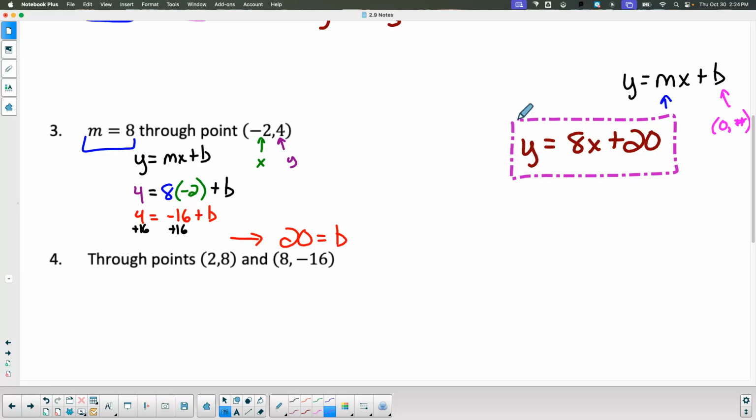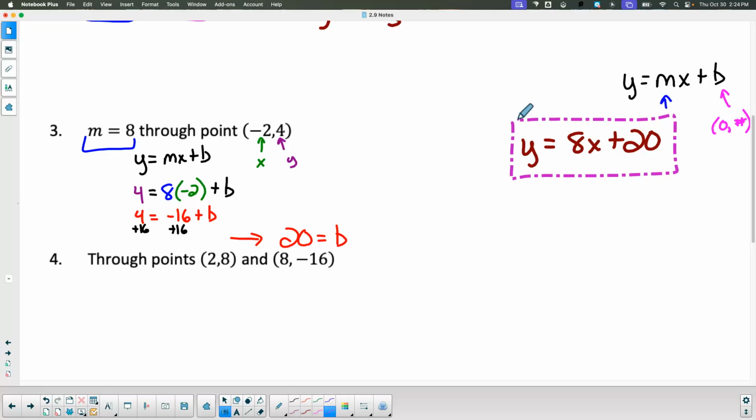No. So how do I find m? Thinking back either to 8th grade or to last year, or knowing what you know because we've done it this year too, how do I find the slope between 2 points? It's like one of them is x1, x2, and then y1, y2.